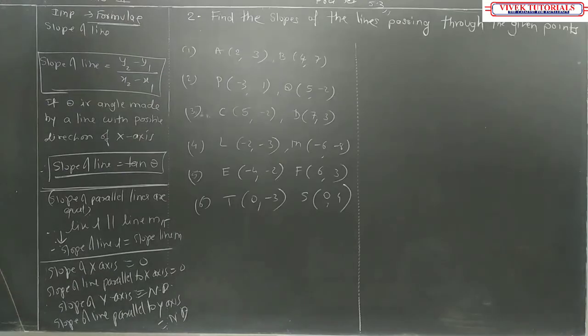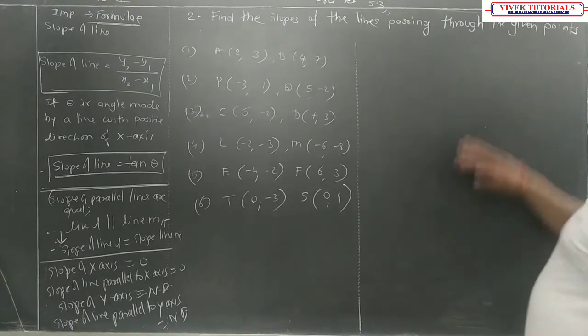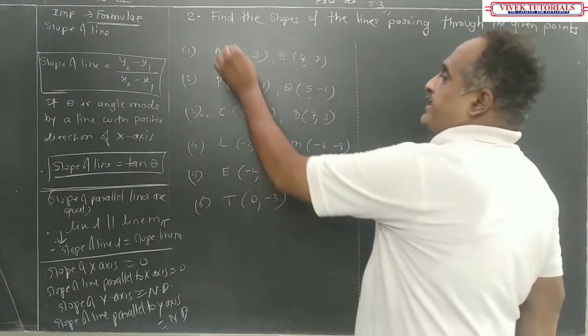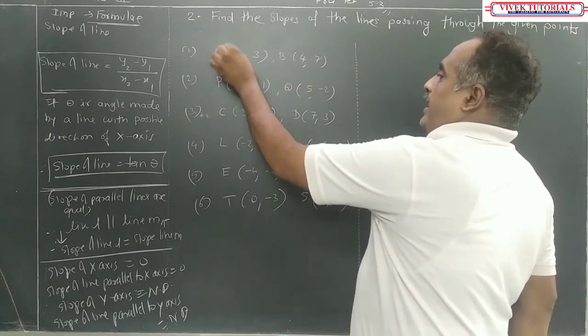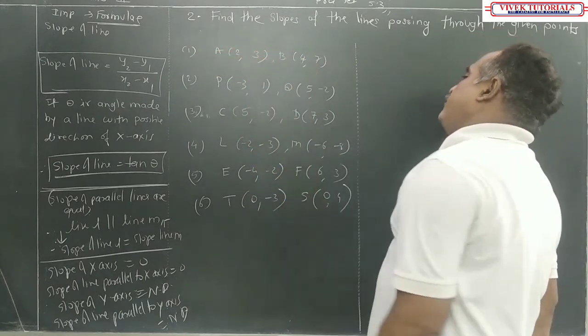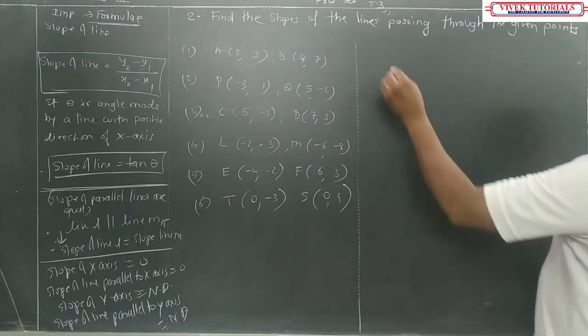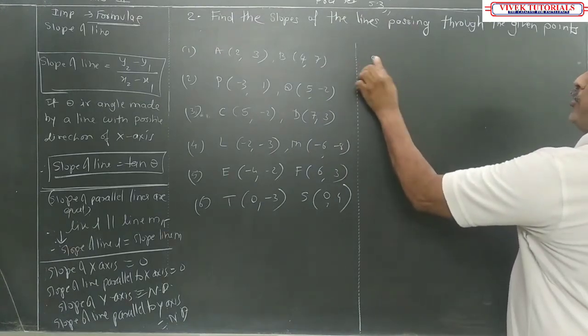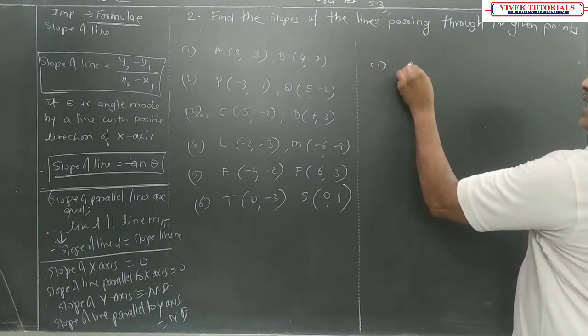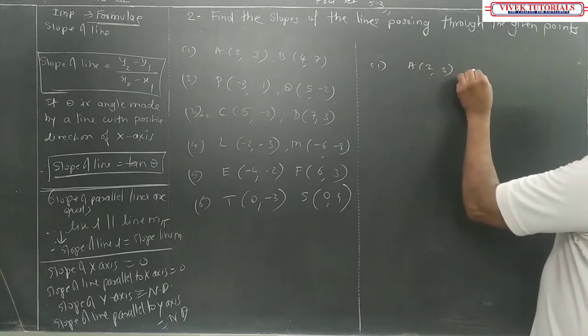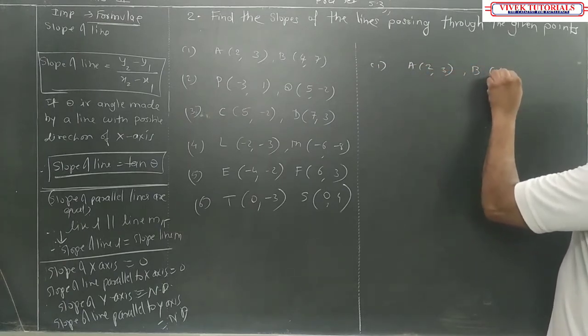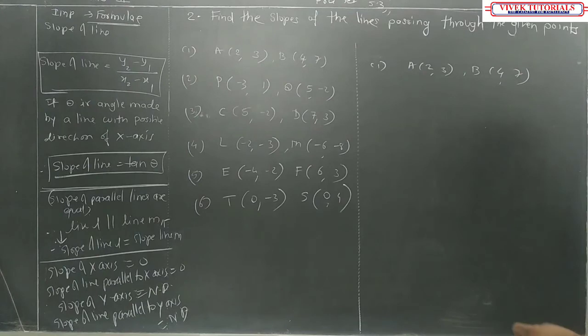Next question. Find the slope of the line passing through these given points. First is point A (2,3) and B (4,7). So what you are going to do is, first A (2,3) and B (4,7).